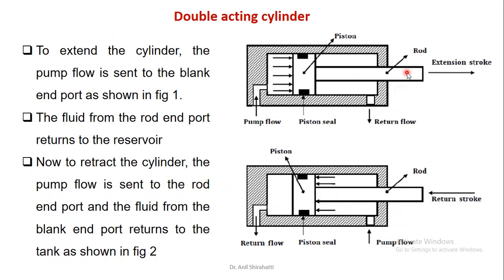As the name implies, it does positive work at both sides, both in the extension stroke and the return stroke. You can see the pump flow comes inside and pushes the piston, and then whatever fluid is on the other side comes out in the reverse direction. The fluid comes from this side and it moves at this side.